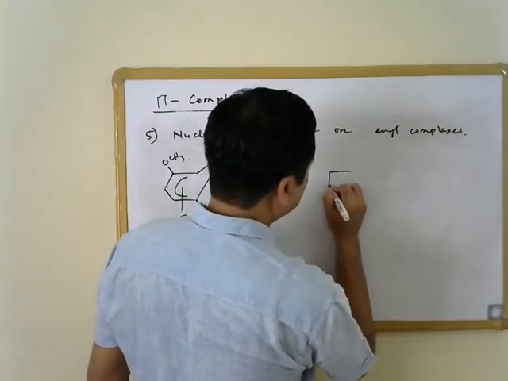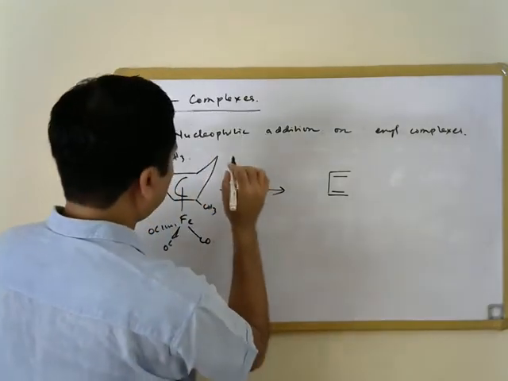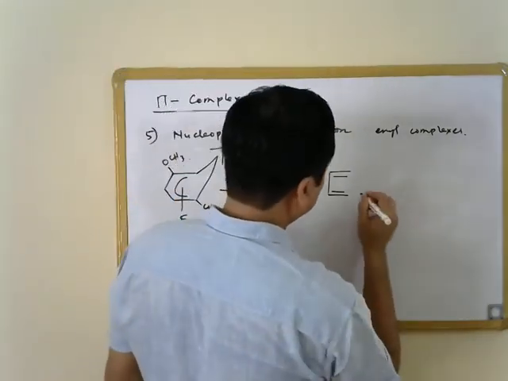So we will get, now, this positively charged species, because otherwise it is not going to be an 18 valence electron species.